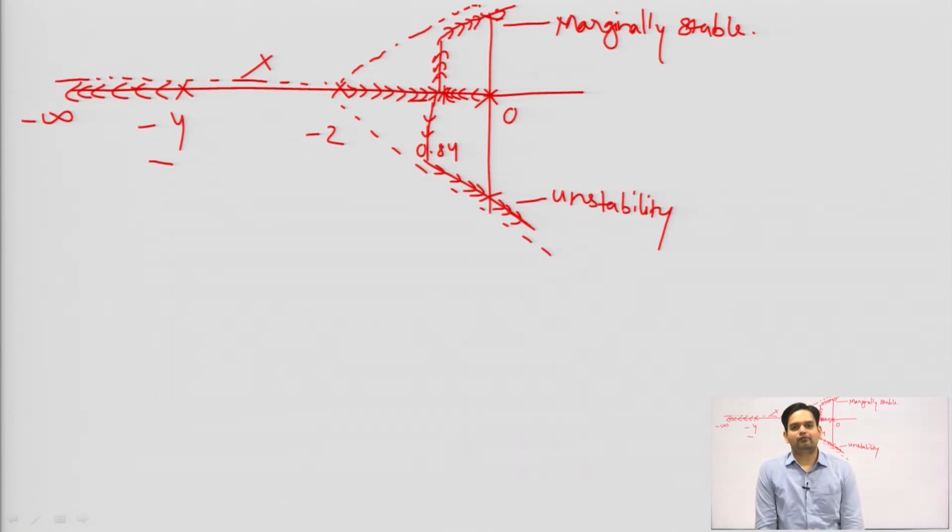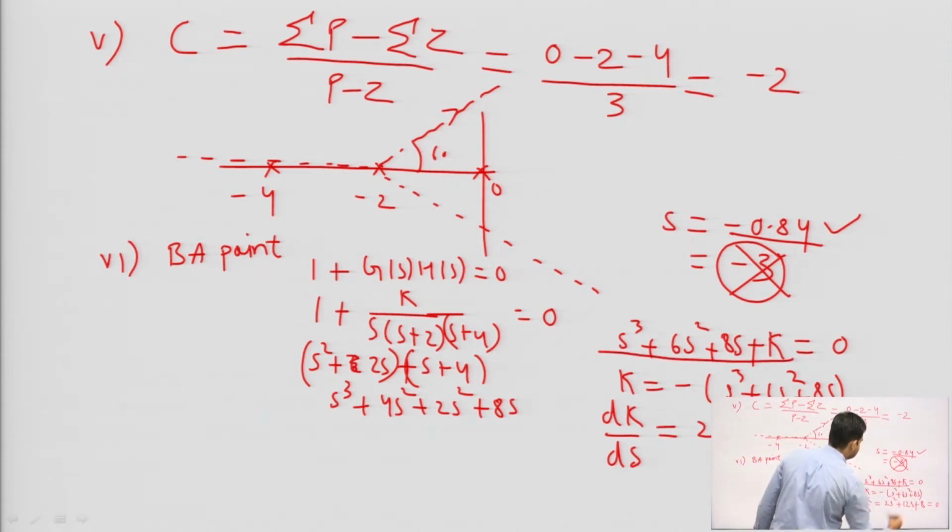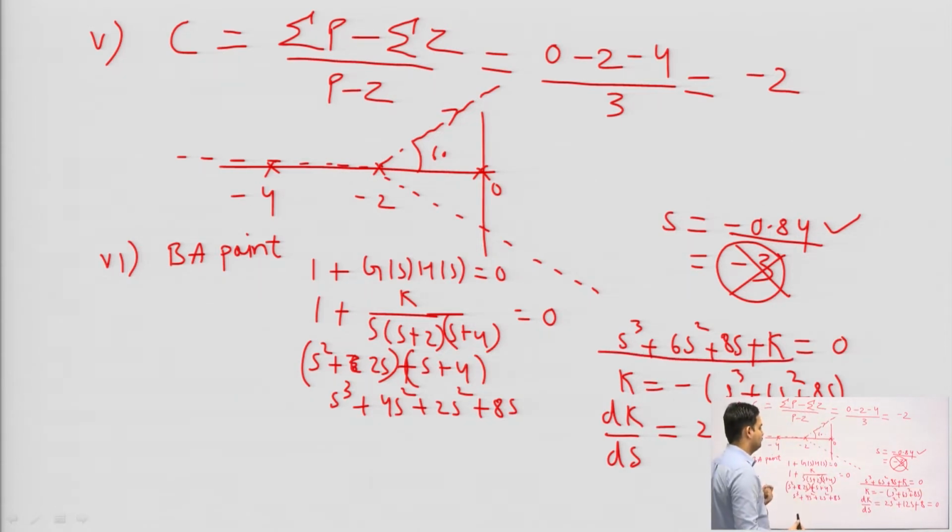Okay. So, for which range of k this system is stable, we have to calculate, and with the help of the root locus we need to determine the stable range of k. For that purpose we need to see the equation 1 plus G(s)H(s). You can see this was our equation. From here you can calculate the range of k.